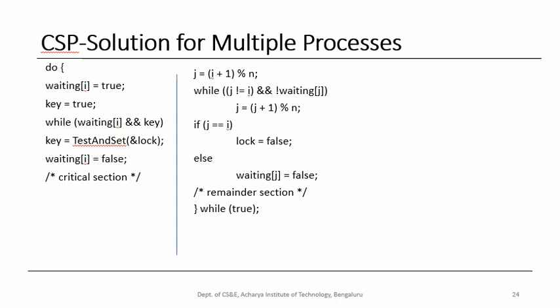The structure of a process looks like this. This entire section is the entry section, and this entire section is the exit section, like we discussed in one of the previous classes.